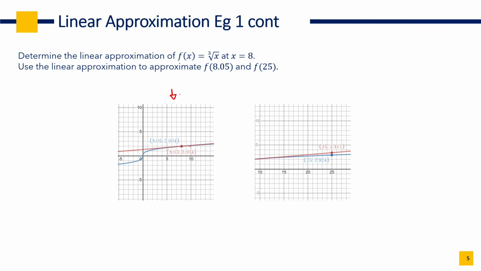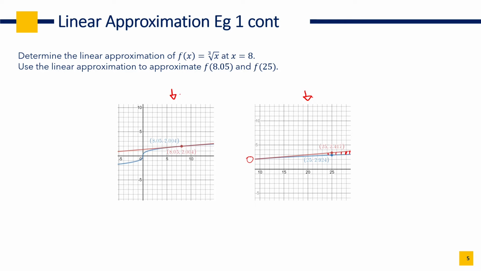It's accurately representing the y value. Whereas here you have the function at 25 and the linear approximation at 25. And you can see the further away it gets from that 8 point, the error becomes bigger. So you can see it's relatively small there. It gets bigger and bigger overall.